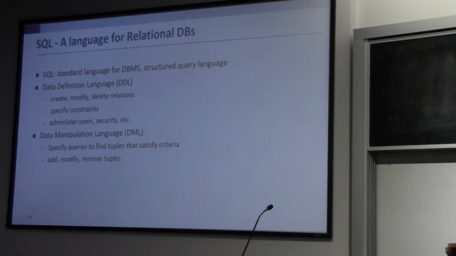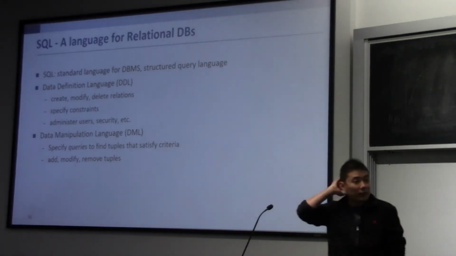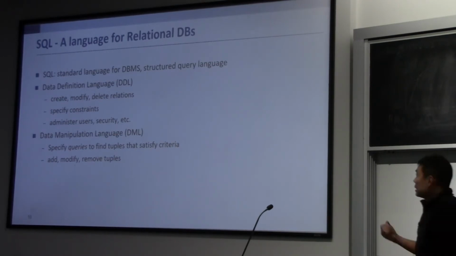Are DDL and DML subsets of SQL? Yes, that's exactly what I'm going to talk about next. So SQL, generally, you can classify into two categories, what we call DDL and DML. DDL stands for data definition language, and DML stands for data manipulation language.